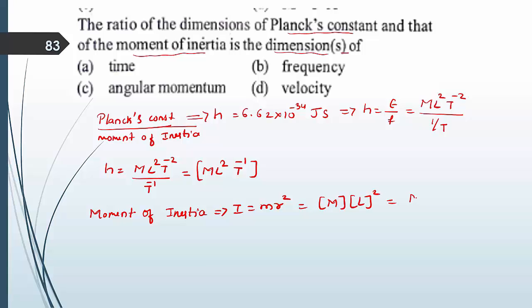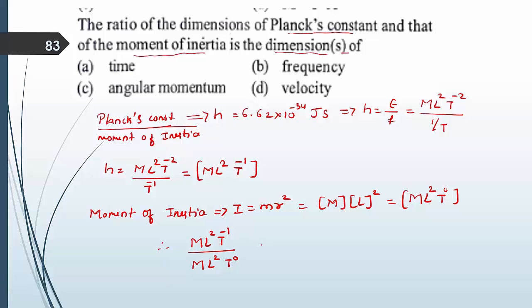So, we can write M L square T raised to 0. Now, you can divide these two values. See here, I can divide M L square T raised to minus 1, the dimensional formula for Planck's constant, divided by M L square T raised to 0. This is the dimensional formula for moment of inertia.